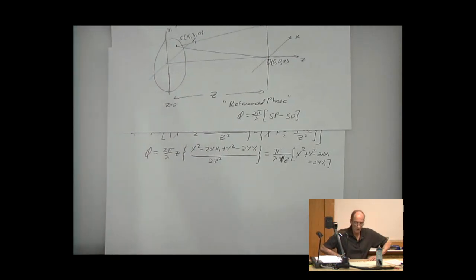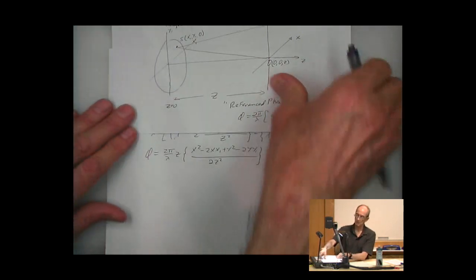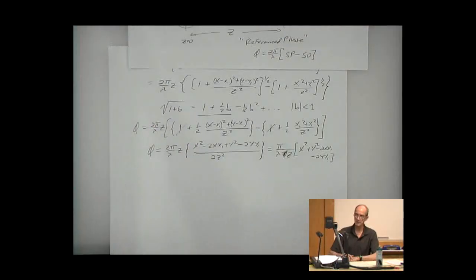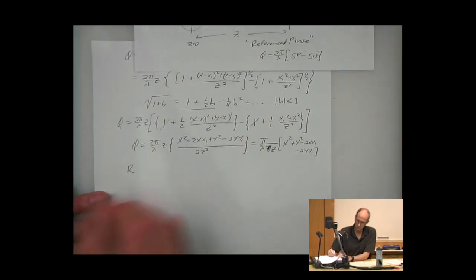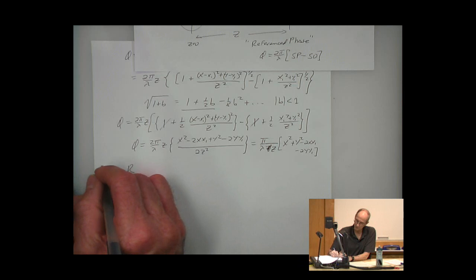All right, so now when we form a hologram, we have to worry about several different sets of points. So we have the reference beam. This is our reference beam here.